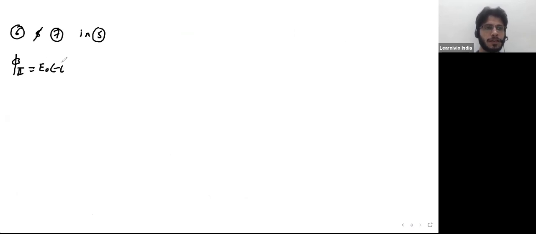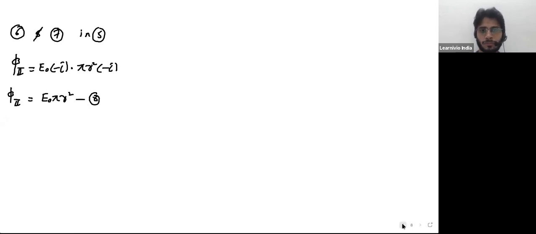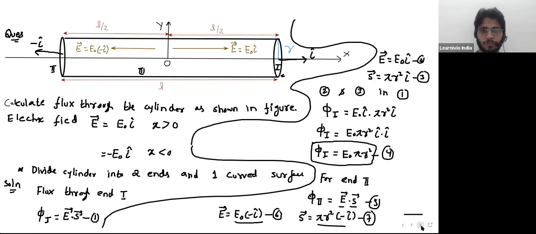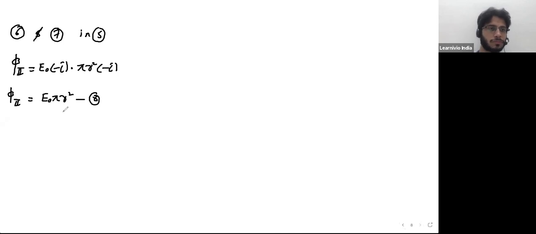So it's E naught minus i cap dot pi r square minus i cap. So flux through the second end is E naught pi r square, since i cap dot i cap is 1. I can write this as equation number 8. So that's E naught pi r square.